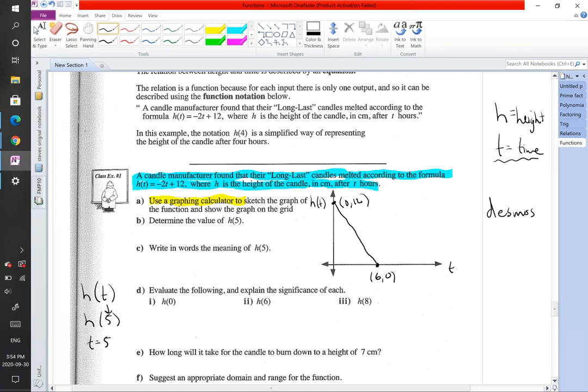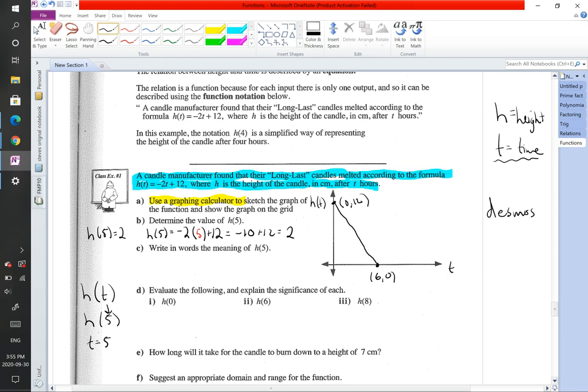So we can say h of 5 is equal to negative 2, and I'm going to put 5 where there's a t, 5, plus 12, which is negative 2 multiplied by 5 is negative 10, plus 12, negative 10 plus 12 is 2. So h of 5 is equal to 2.